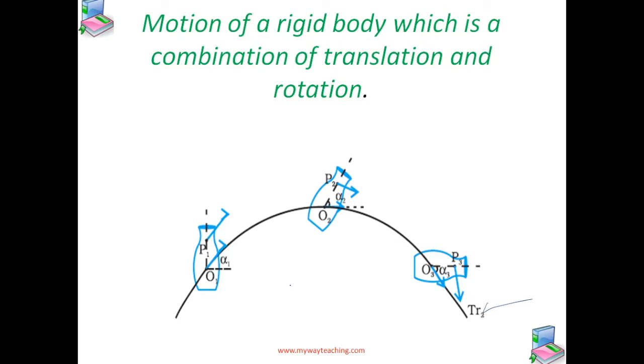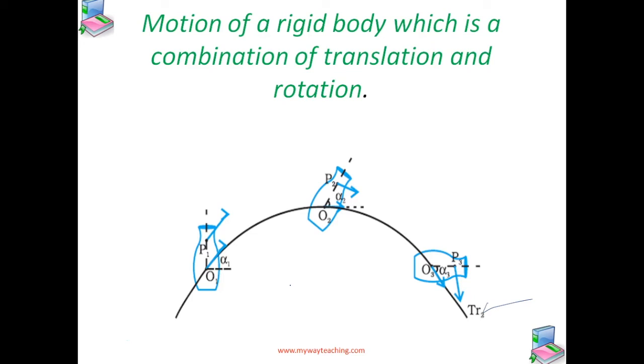We know that rotation will be about a fixed axis only unless stated otherwise. The rolling motion of a cylinder down an inclined plane is a combination of rotation about a fixed axis and translation. Thus, there is something else in the case of rolling motion, which we referred to in the earlier examples.